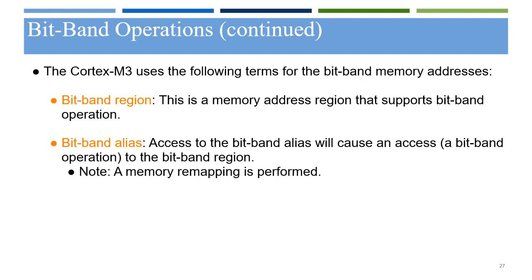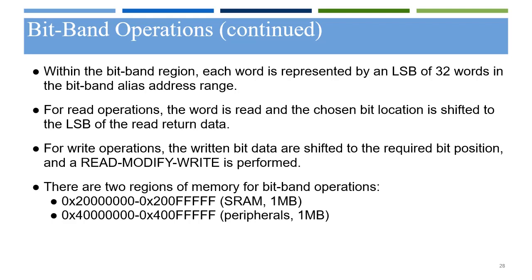So we need to note that a memory remapping is performed. Within the bitband region, each word is represented by an LSB of 32 words in the bitband alias address range. What actually happens is that when the bitband alias address is accessed, the address is remapped into the bitband region address.